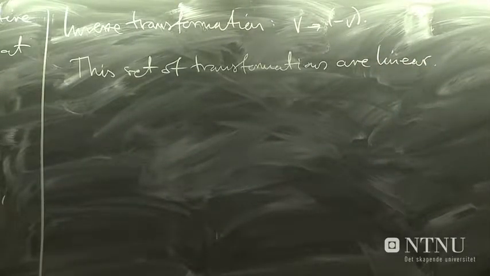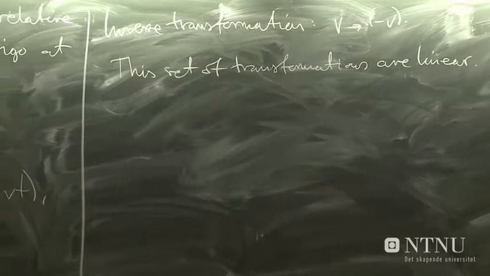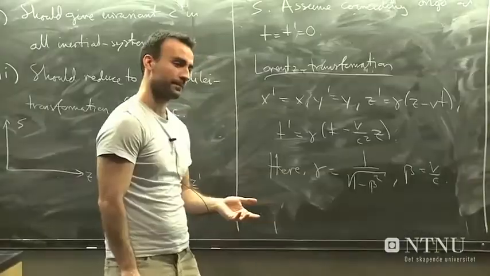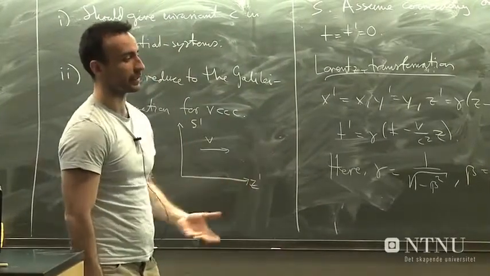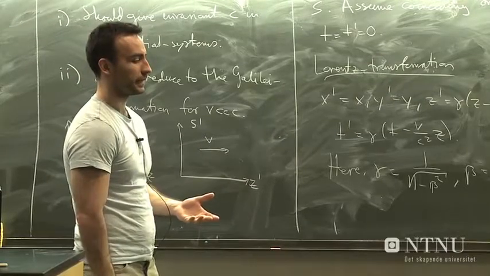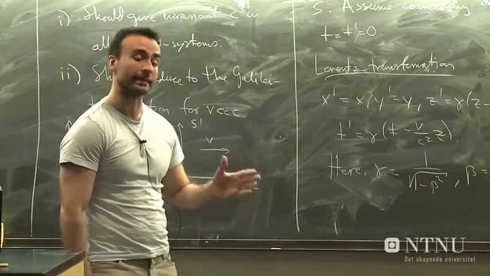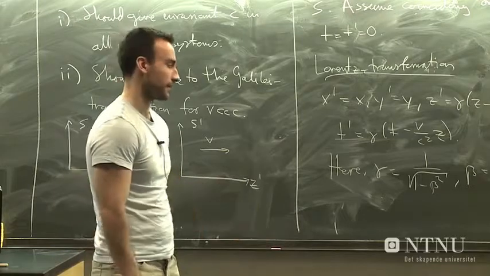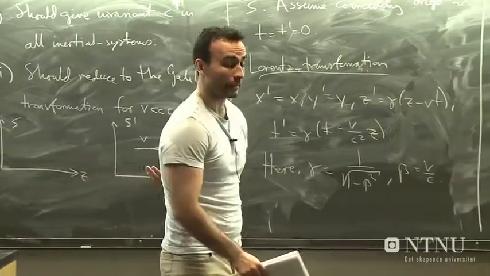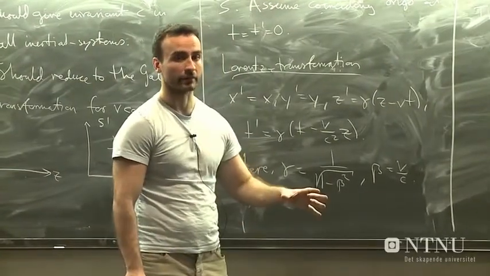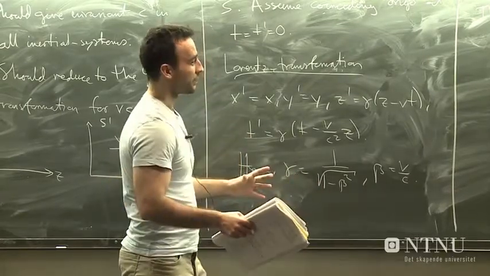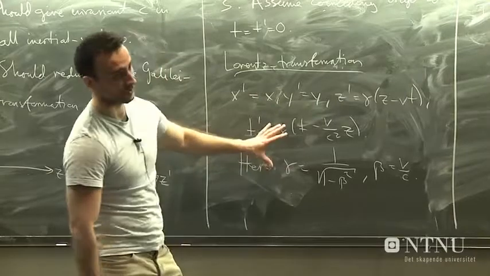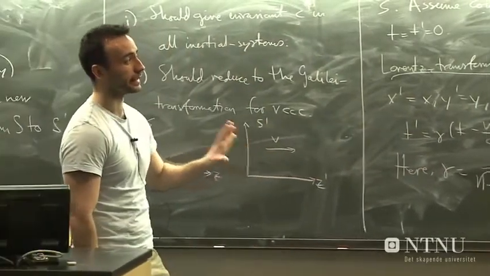An aspect of these transformation equations which we can certainly make use of is that they are linear. And we can make use of this because we developed an entire formalism for these types of linear transformations back in chapter 4, I think. So we should be able to use many of the ideas from this type of rotational transformation business for these Lorentz transformations, because we also have linear transformations here.